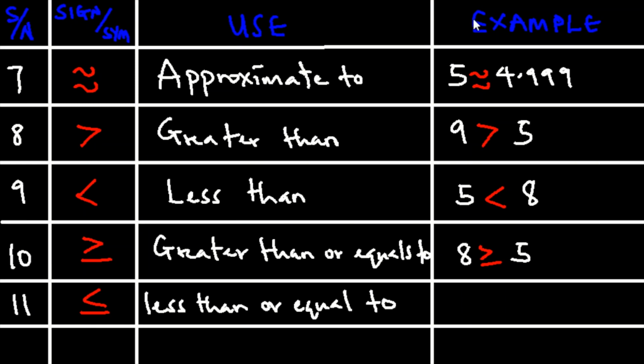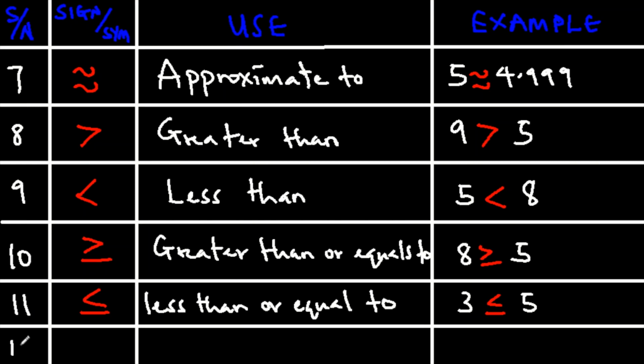And it is also used for comparison. For example, let's say we have 3 and 5. We can say that 3 is less than or equal to 5. As we can see, there's great similarity between the greater than, less than, greater than or equals to, and less than or equal to signs, because the four of them are used for comparison.